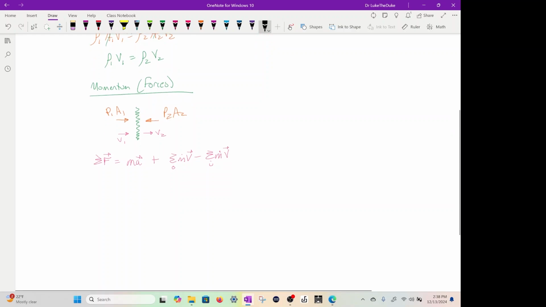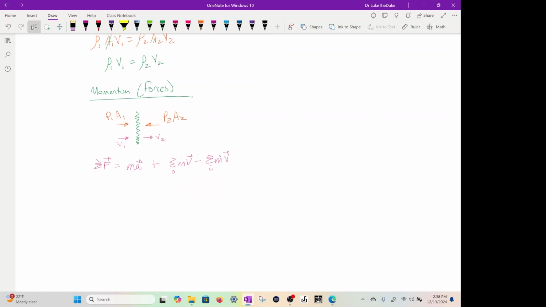We're looking in the x direction only, so we'll take x positive that way. So P1A1 minus P2A2. This shock isn't moving in space, so that term is 0. The mass flow rate coming out is m dot 2 V2, and coming in is m dot 1 V1.